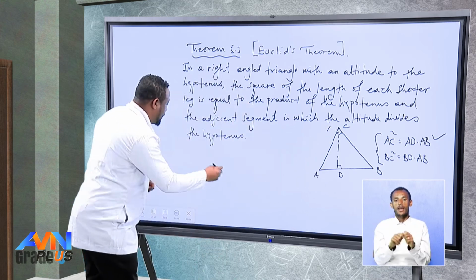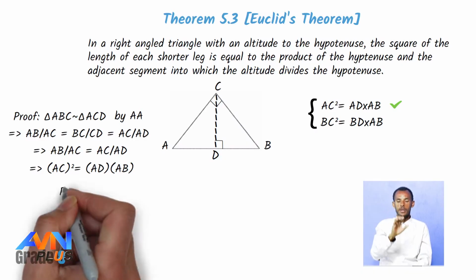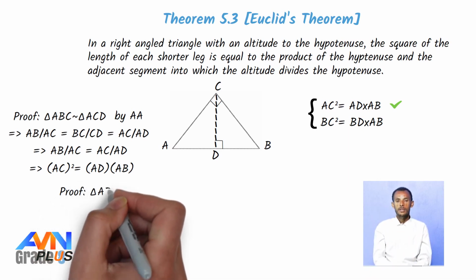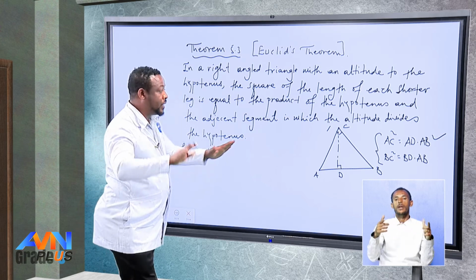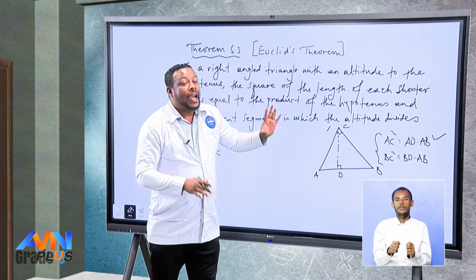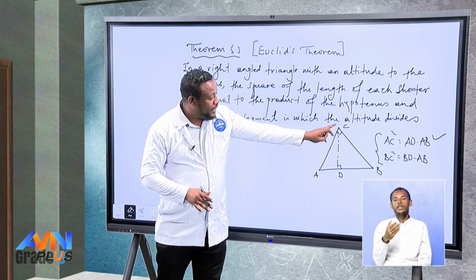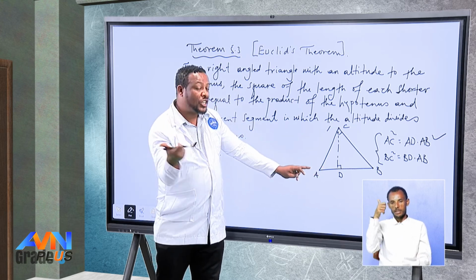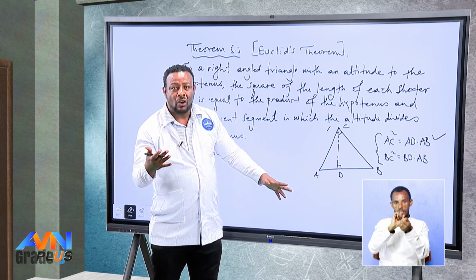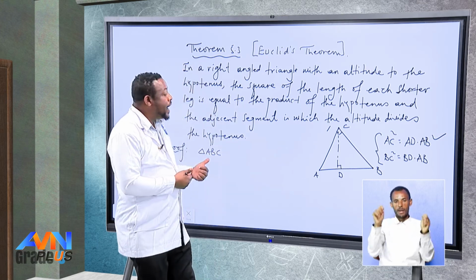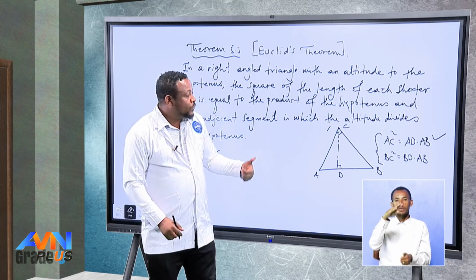Again, you can consider triangle ABC, the bigger right-angled triangle. Take this bigger triangle, and we have already taken ACD. Now let's change to another triangle. Let's find another similar triangle which is similar to ABC.